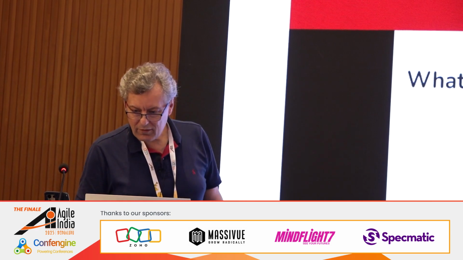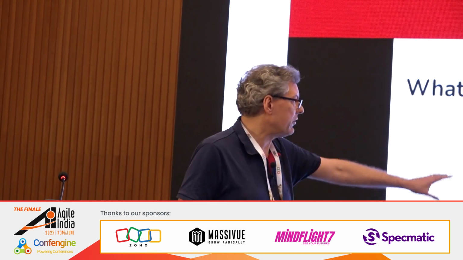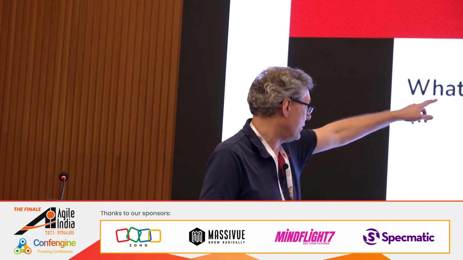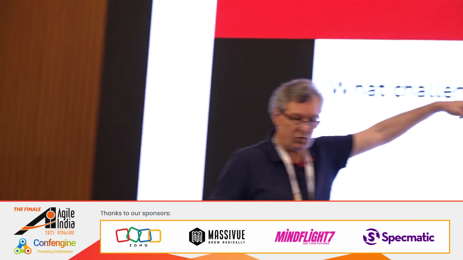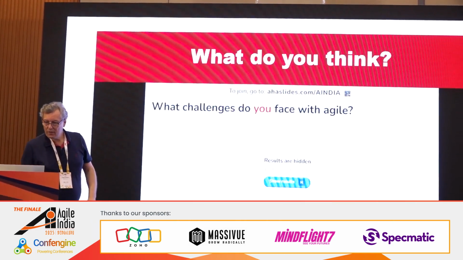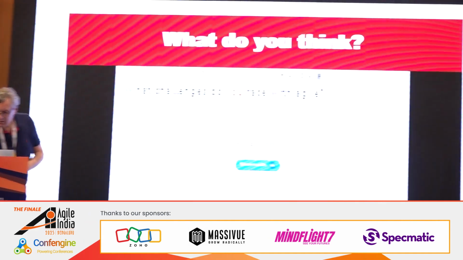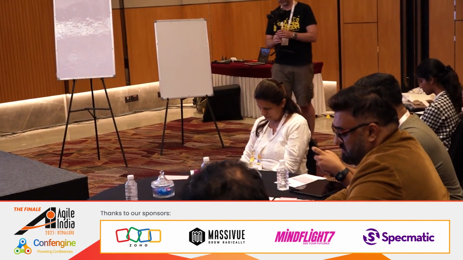I can see there's at least 9 people typing, it's great. This is just on AHA slides, so if you go to AHA slides and use the code India, it should be up on your phones if you've been there already for the first part. I've got 1 submission already.